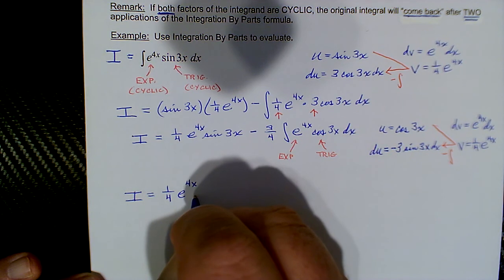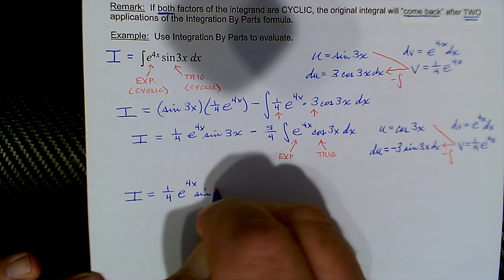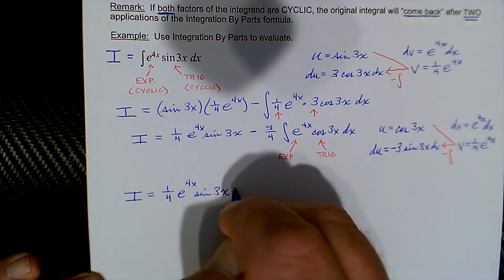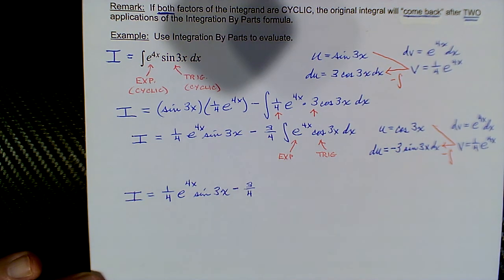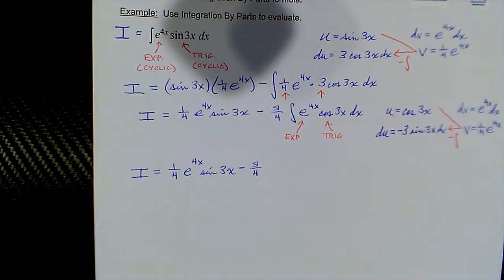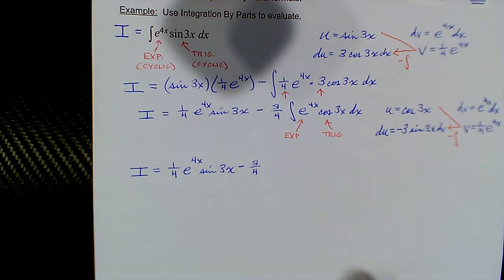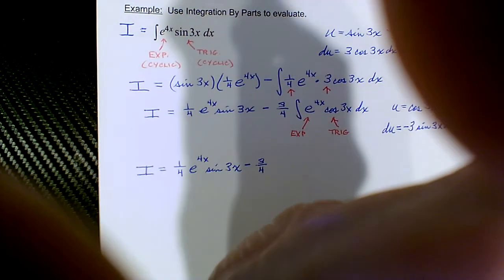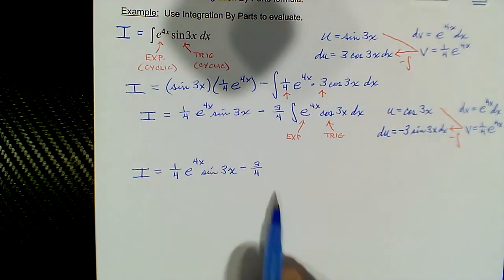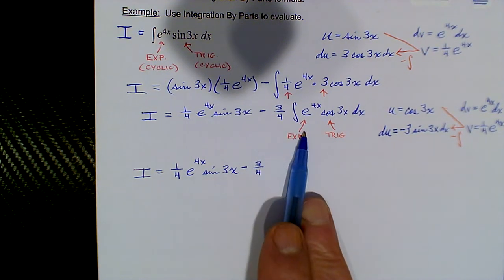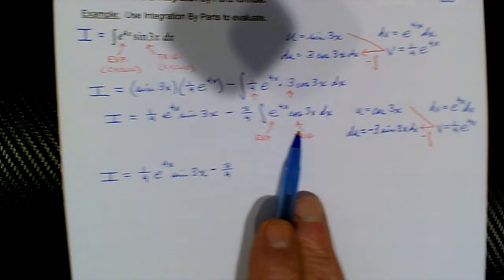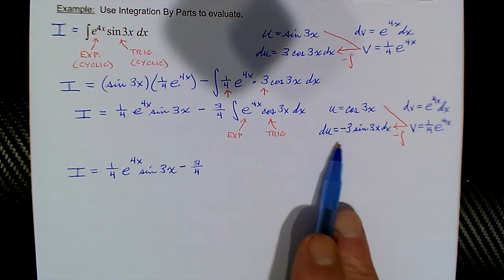That will generate two terms. So therefore we need parentheses, brackets, some type of grouping symbols, unless you want to mentally distribute, of course, to indicate that the negative 3/4 needs to be distributed to the two terms that are created by using our integration by parts formula.